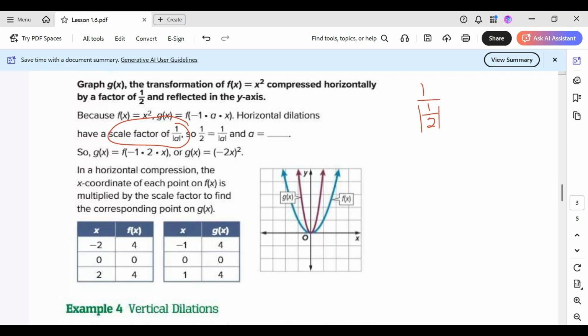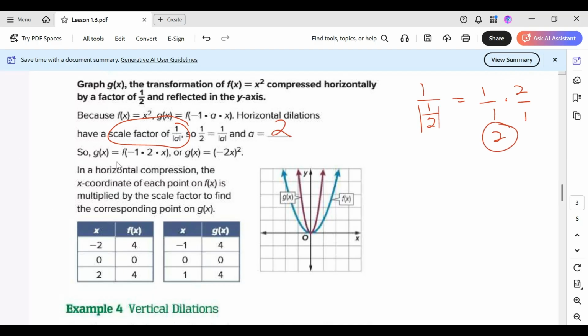What's being changed is 1 divided by the a value, and our a value change is 1/2. So technically 1 divided by 1/2 becomes 1 over 1 times 2 over 1. That's why we get a whole 2. So our a value is actually 2.